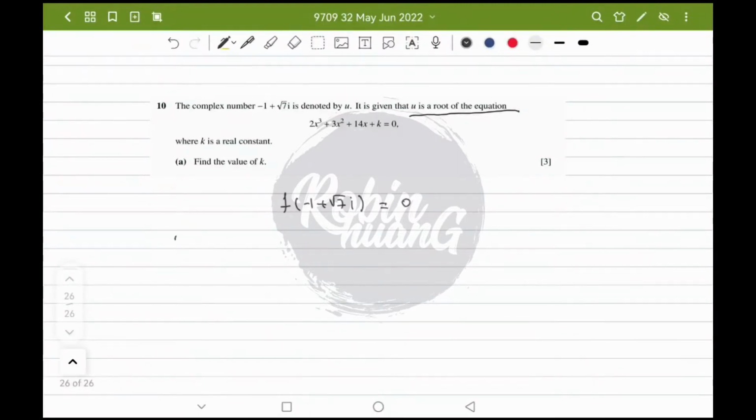In this case we get 2 times (-1 plus square root of 7i) cubed plus 3 times (-1 plus square root of 7i) squared plus 14 times (-1 plus square root of 7i) plus k equals 0.